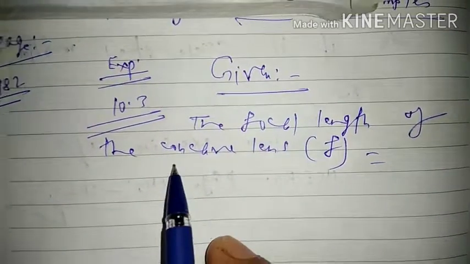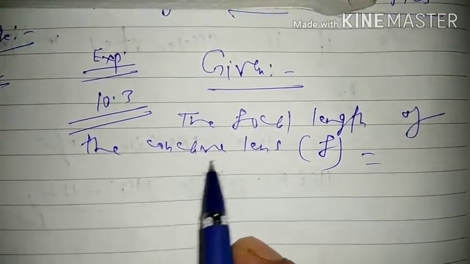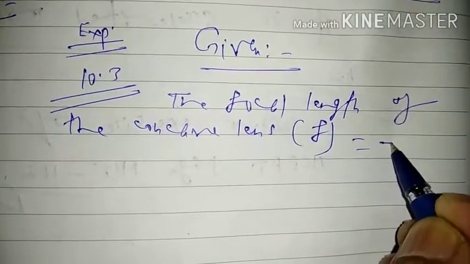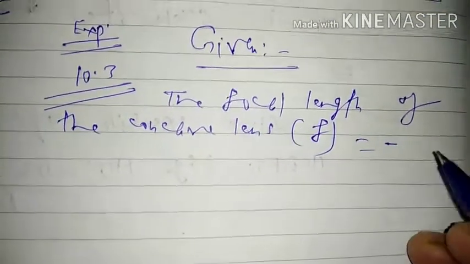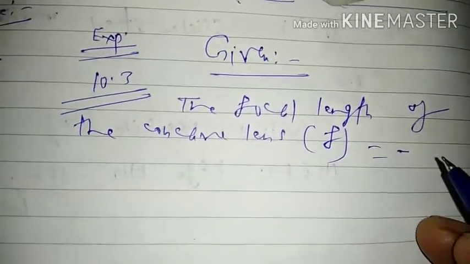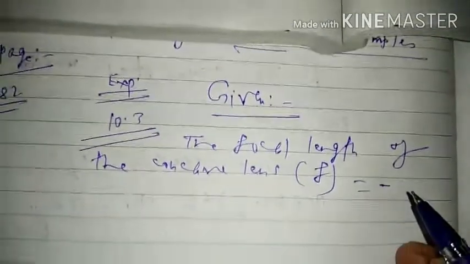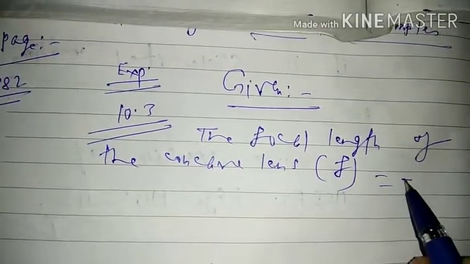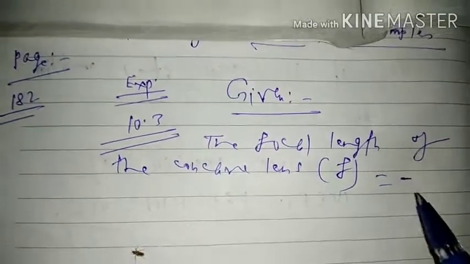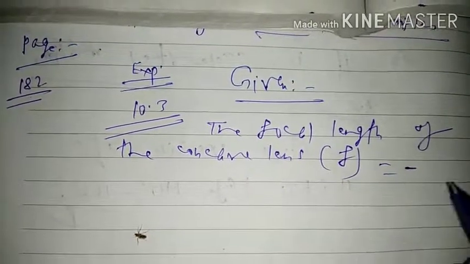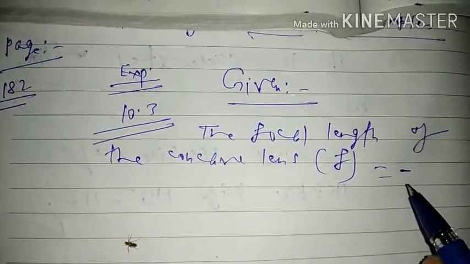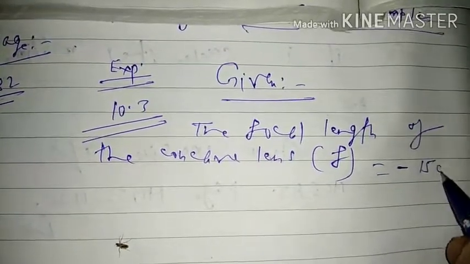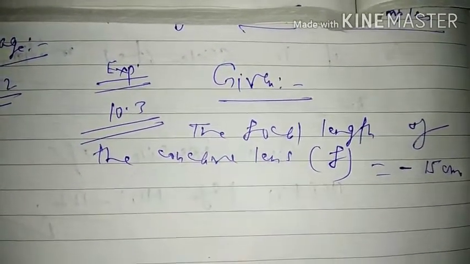As it is concave, whether it is mirror or lens, focal length will be negative, and this is physics. I have repeated it many times that the main work of physics is to give us proper sign convention in the chapter of light. So here f will be negative, and what is focal length? 15 centimeters. So we shall write f is equal to minus 15 centimeter.